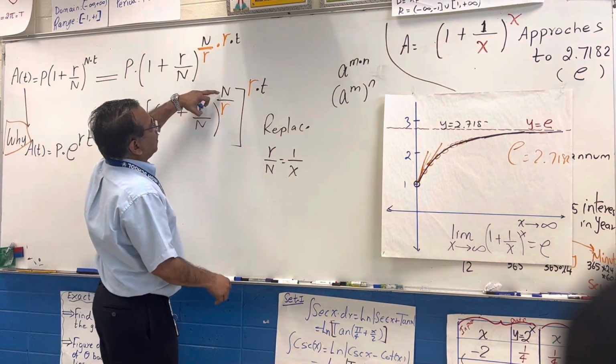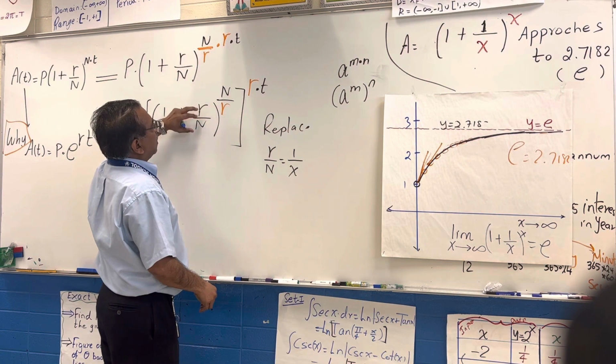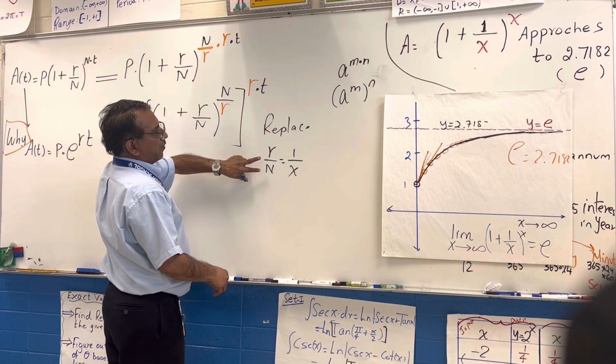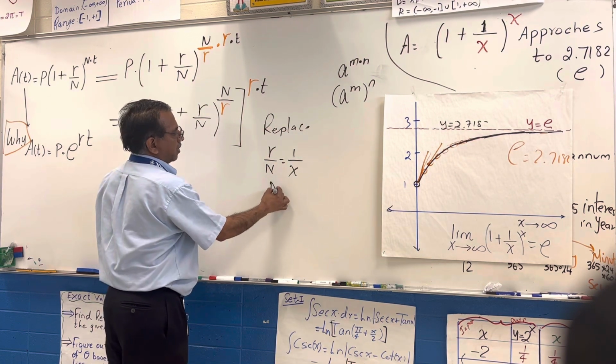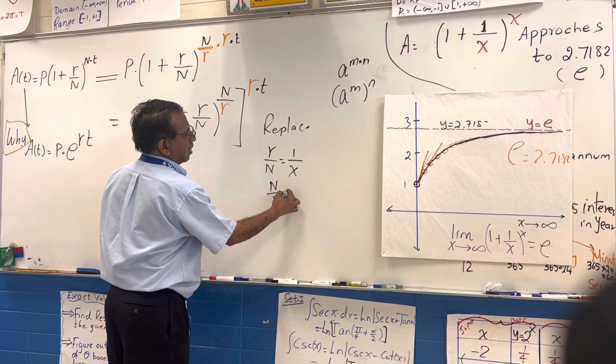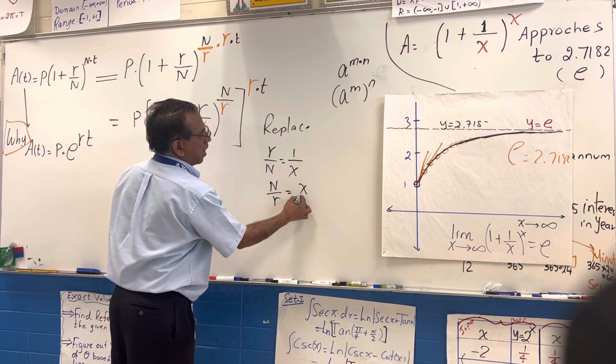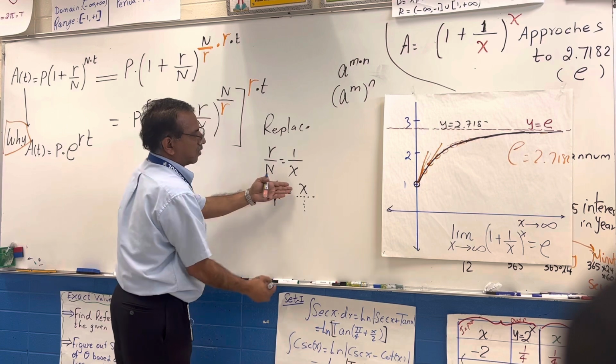But because this is n over r, which is a reciprocal of r over n, that means if I flip this using the inverse, this n over r will be x over 1, correct? Which is just x.